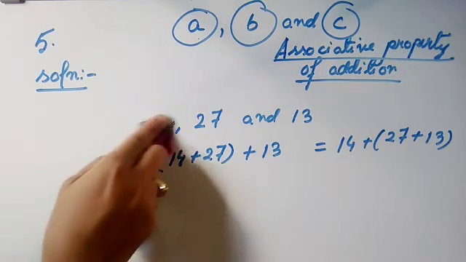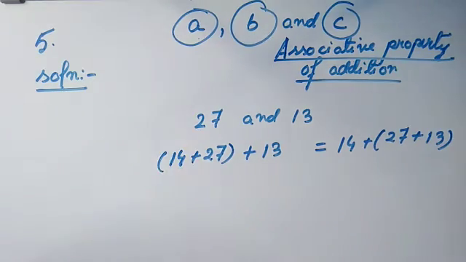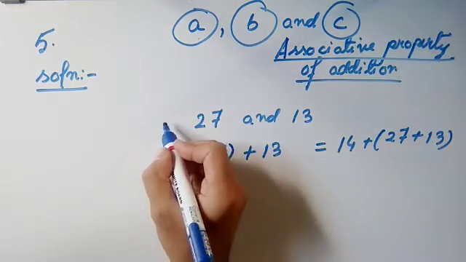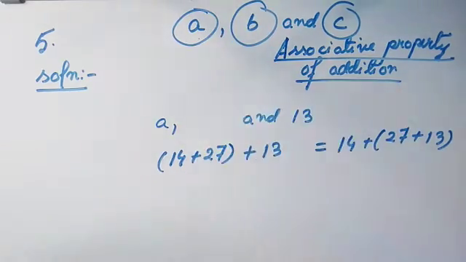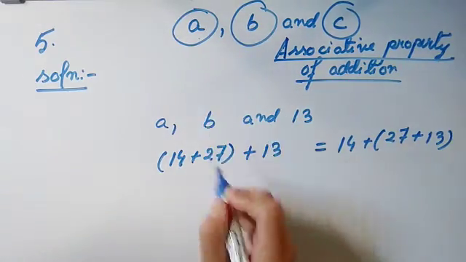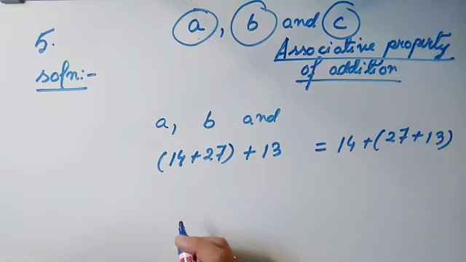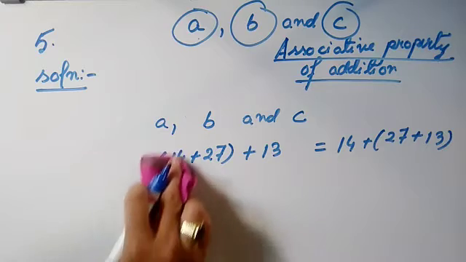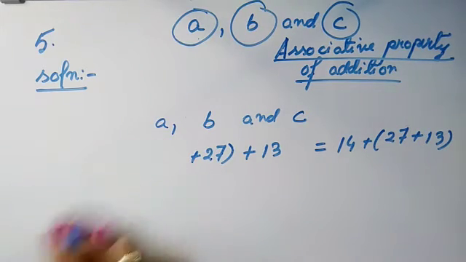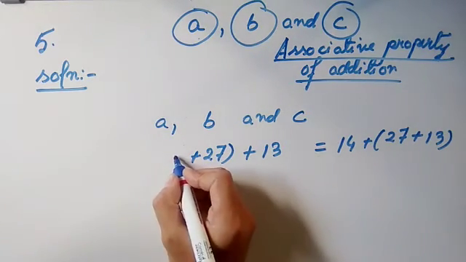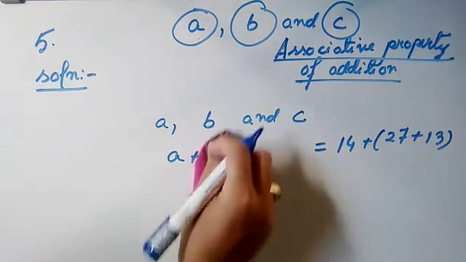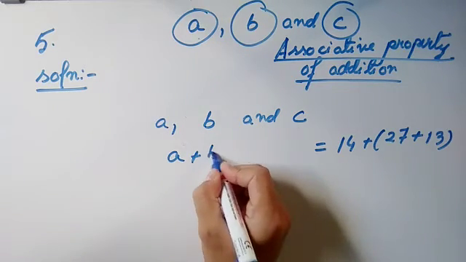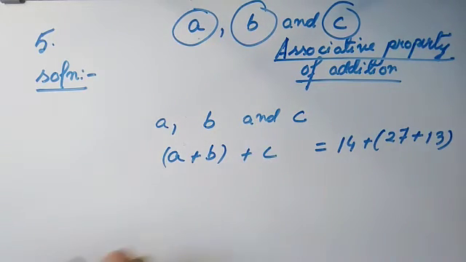Instead of 14, we will use the variable a. Instead of 27 and 13, the variables we will use are b and c respectively.